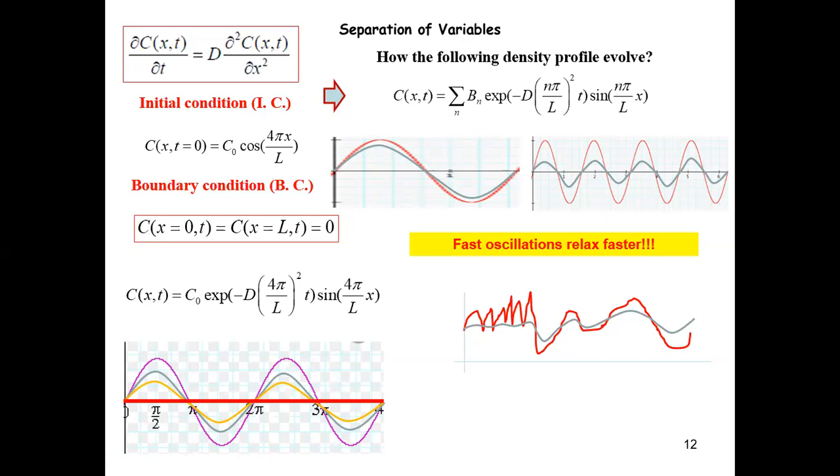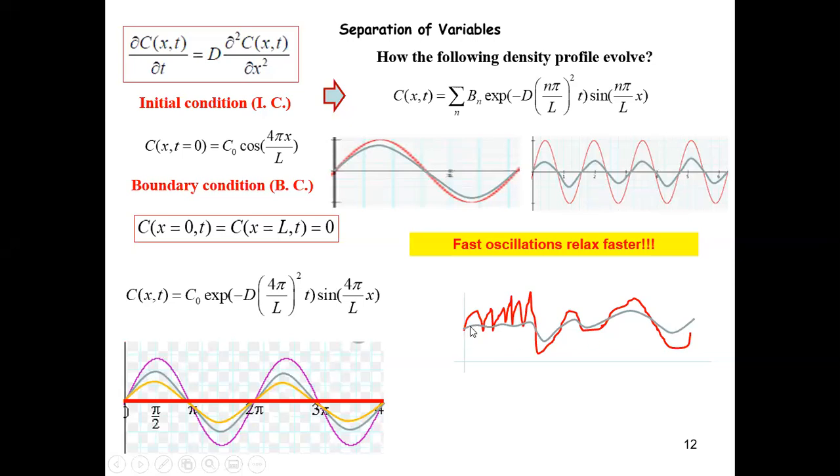Again, I do not want you to do a very rigorous solution to this, but just to be able to demonstrate that when you have a hybrid mode case, with a combination of both fast, smaller and slower fluctuations, we know the fast mode is going to relax much faster, and this is going to change how the overall profile looks.